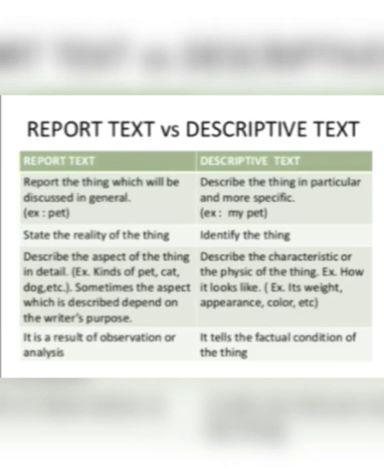And then, in descriptive text, it describes the characteristics or the physique of the thing, for example, how it looks, its weight, appearance, the color, and so on. And the report text is a result of observation or analysis, but the descriptive text tells the factual condition of the thing.